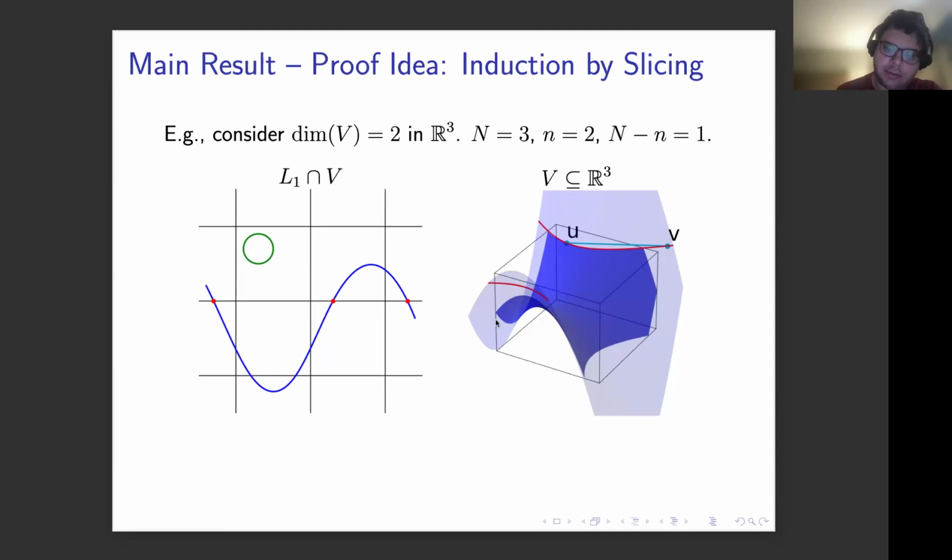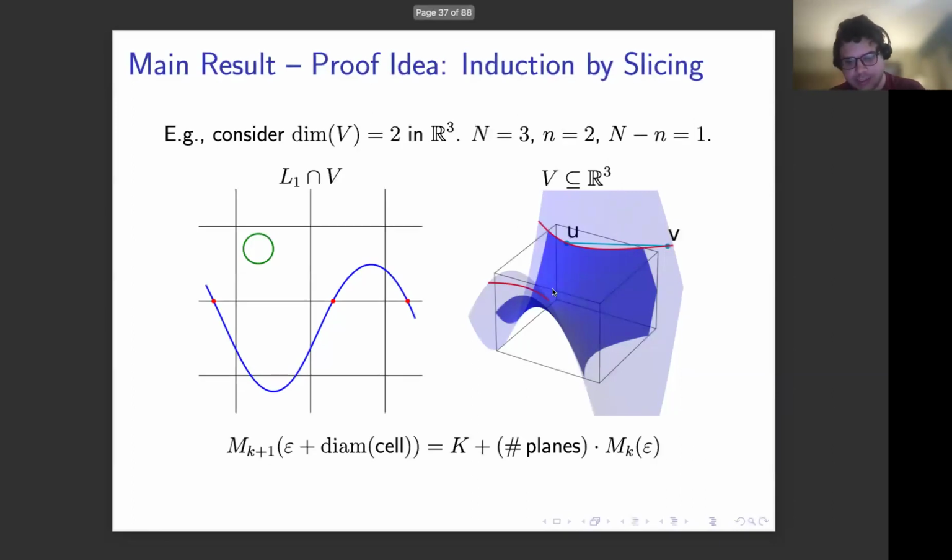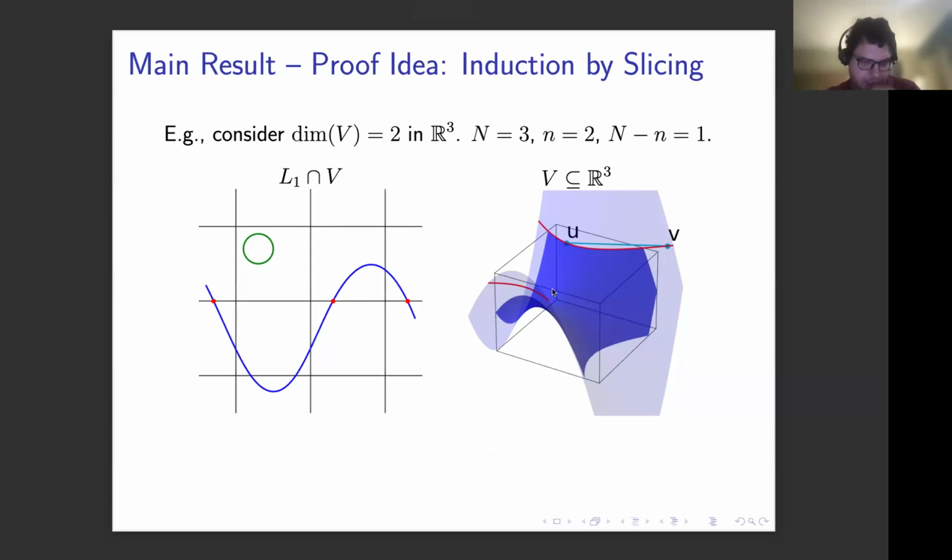Okay, and then there's some sort of induction that enables one to go one dimension higher, and it leads to this recursion. Yeah, so this picture is the rough idea.